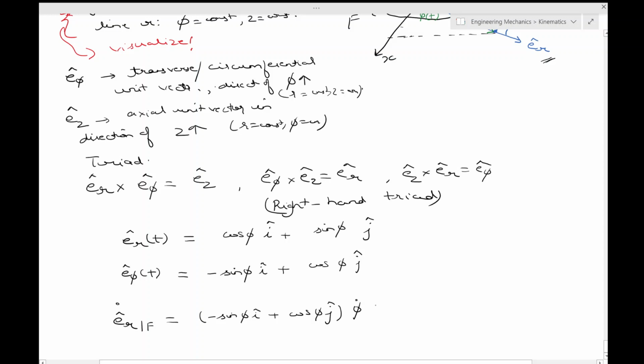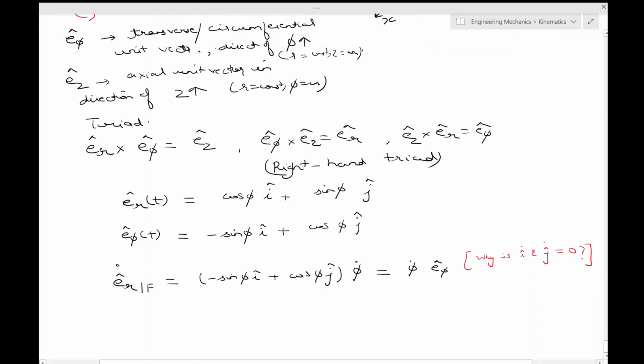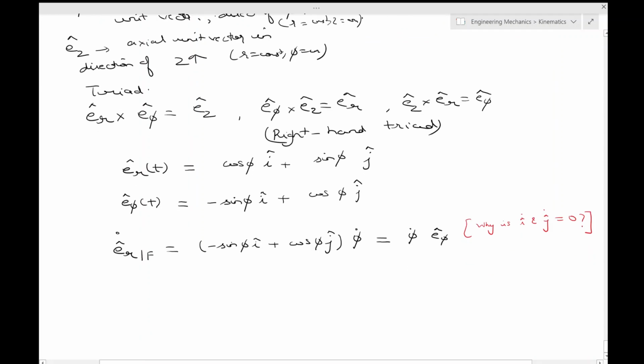Okay, so this is your answer: phi dot e phi hat. Now this is a question which you should try to answer. Why is i dot and j dot equal to 0? We have already discussed this in these lectures, so you should go back and check and then come back to this, please.